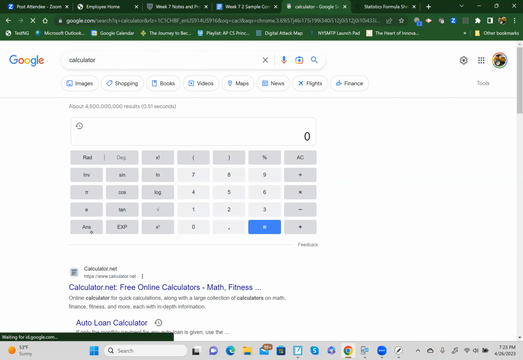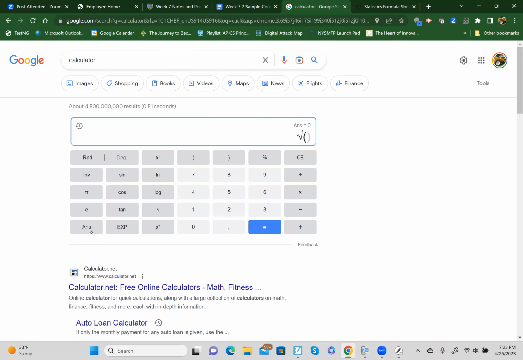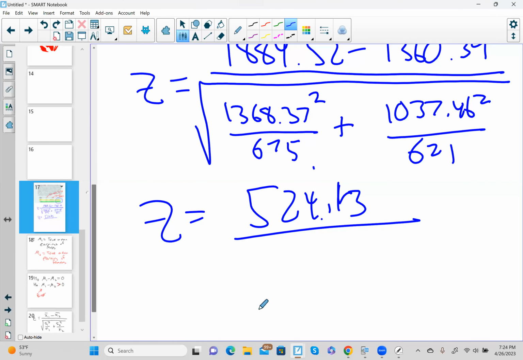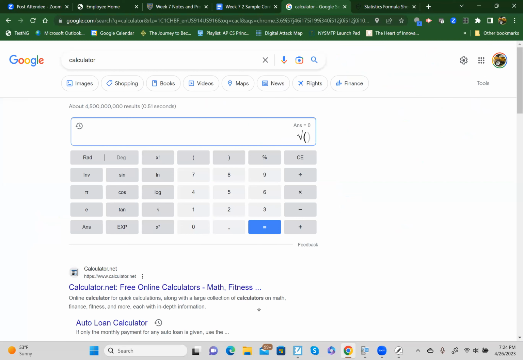I'm going to try and type it all at once. So I'm going to do square root. And the first standard deviation, if we remember, was 1368.37. So I'm going to type 1368.37. And there's no x squared key, but down here next to 0 is an x to the y key.